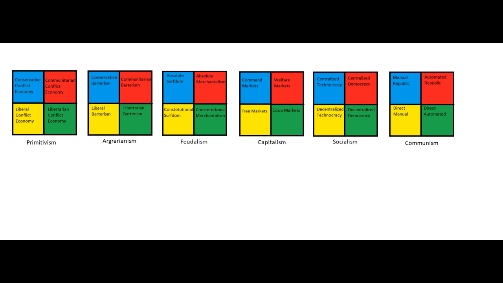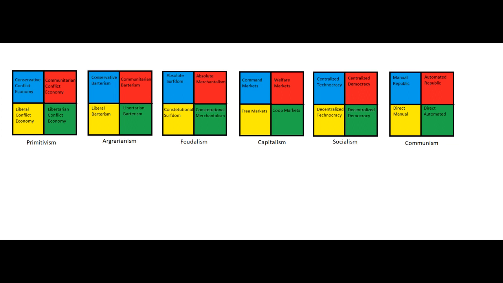So let's start off with the primitivist stage. Blue primitivism is conservative conflict economy. Think of it this way: a tribal leader wants constant war and leans more on hunting. That left side, the blue side, is blue because you have the elders, and they have complete control over society.